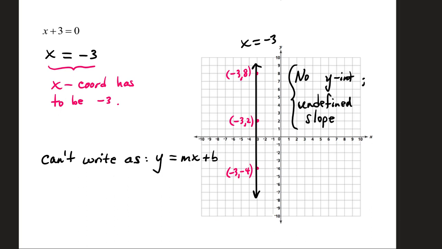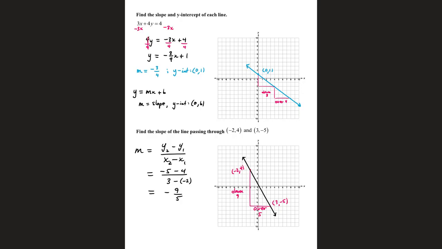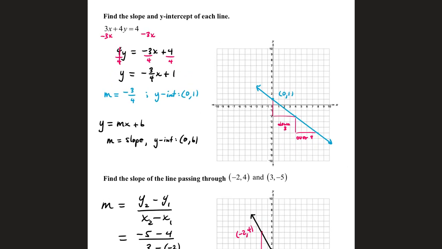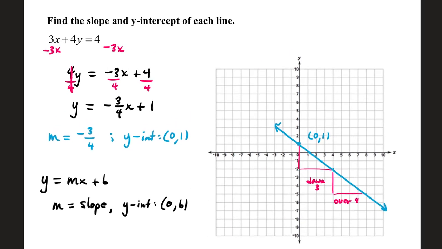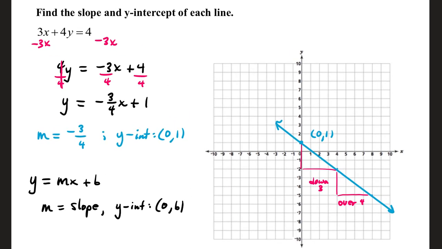So vertical lines have undefined slope. As long as you do have an x and a y, you will have a line that has a slant to it. Y only is horizontal, x only is vertical. But if you've got both x and y, your line will always contain a slant because it'll have a non-zero slope.